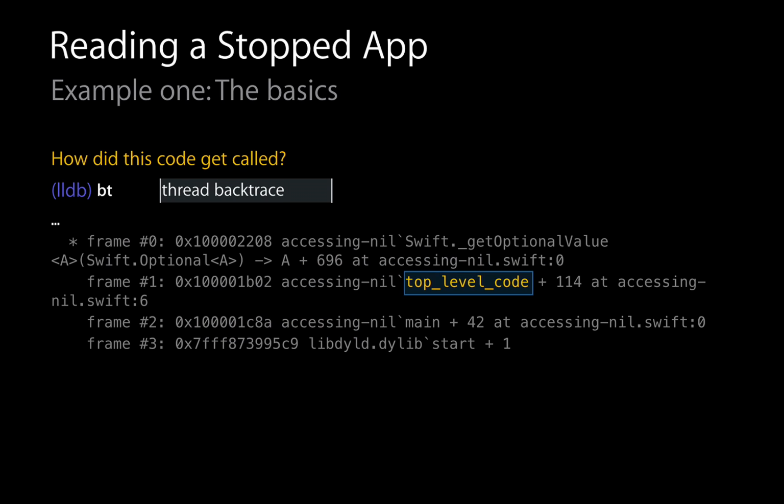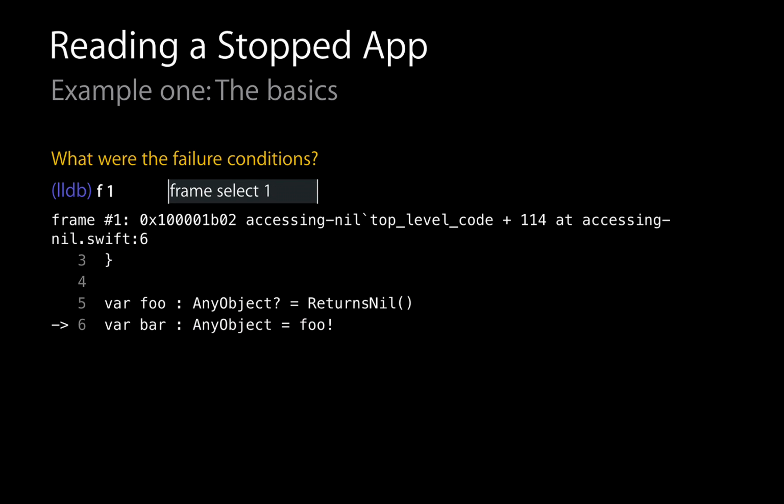Let's have a look. Top-level code is frame number 1, so that means we called directly into the standard library and an assertion failed. Let's have a look at why that happened. Well, we select the first frame, and now we have information about the source code because it's your own code and we have that.